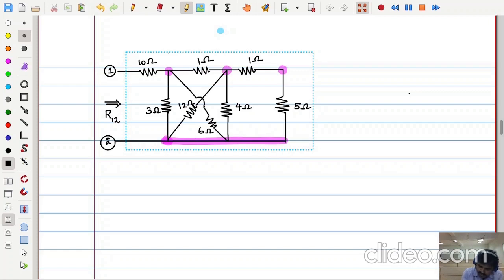If you want, you can name one node, no issue. So this is N1, this is N2, this is N3. This node is number 2 node. If you want, you can make this some new node N4, but say that N4 is equal to it.